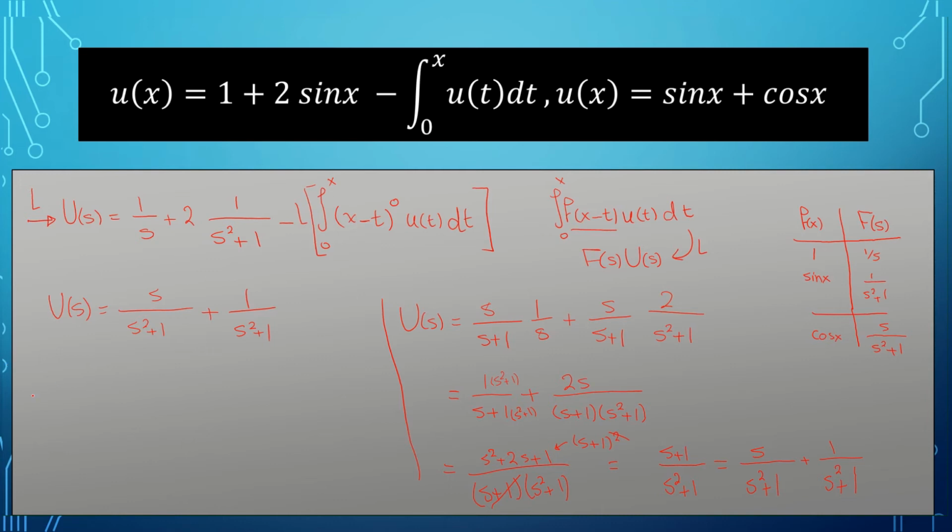So this is very easy. Now we will use L inverse and we will get u of x that we want, which is cosine x plus sine x. Okay.